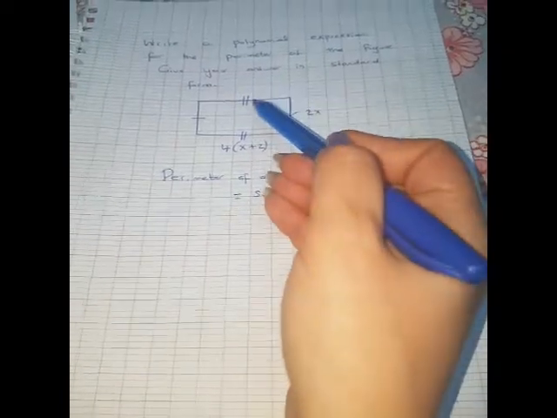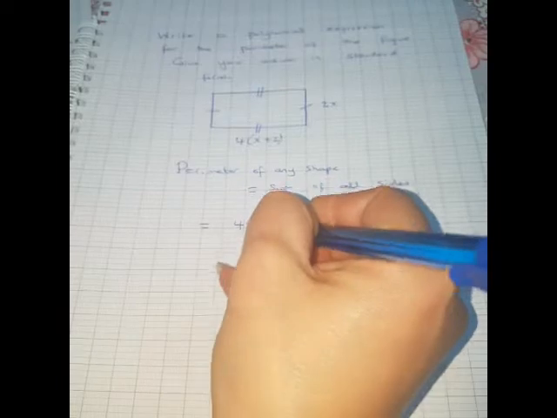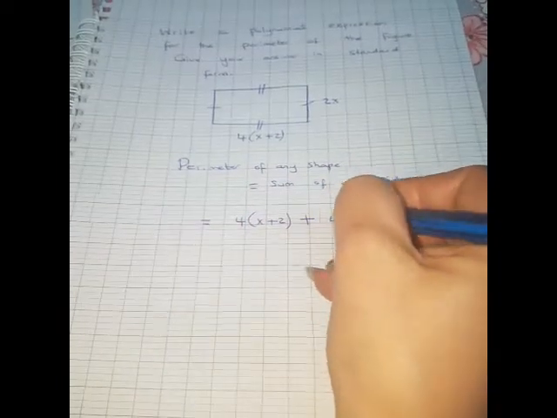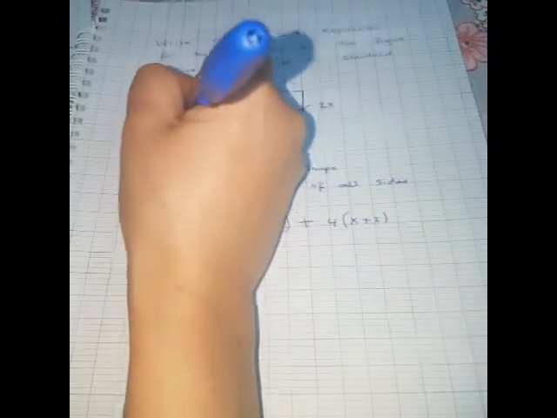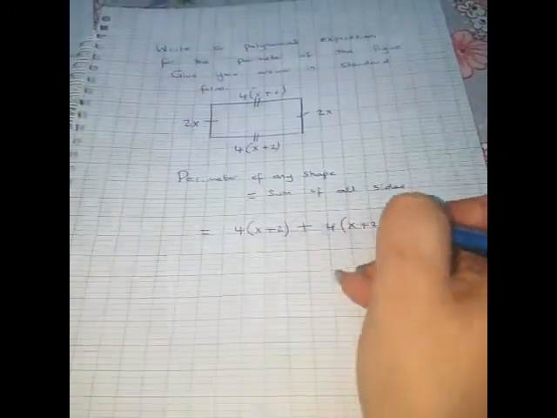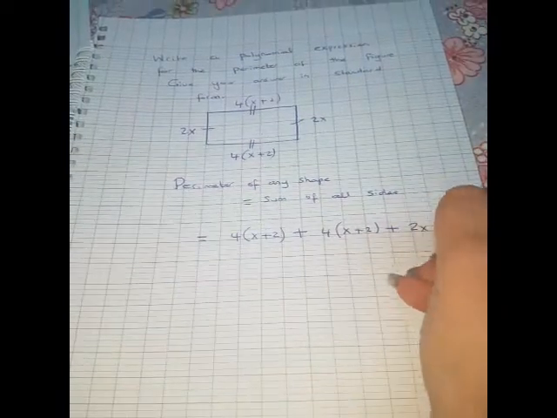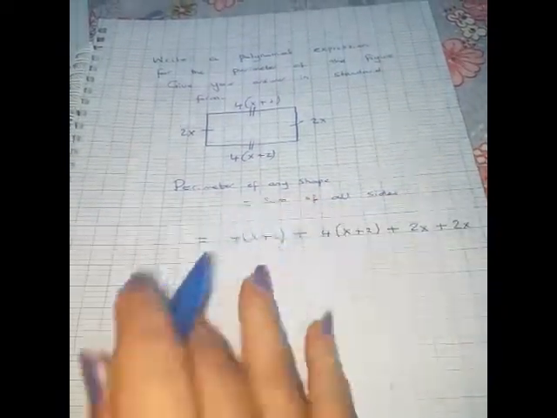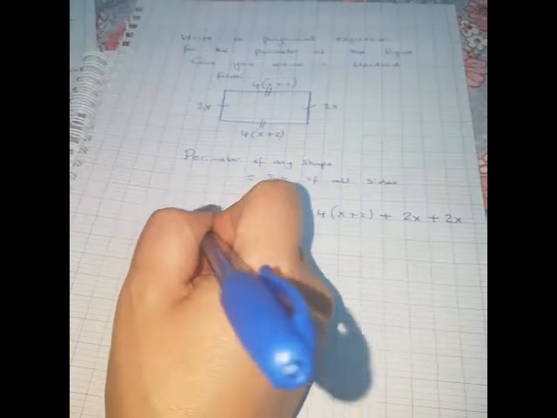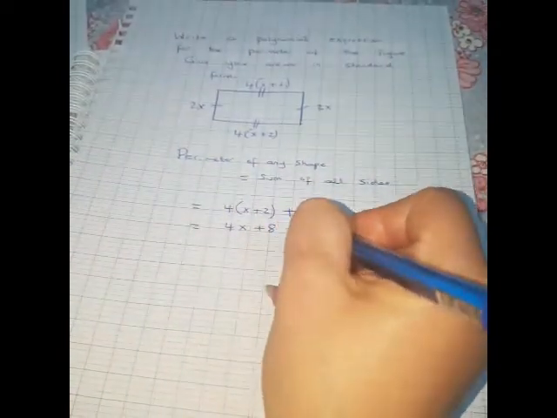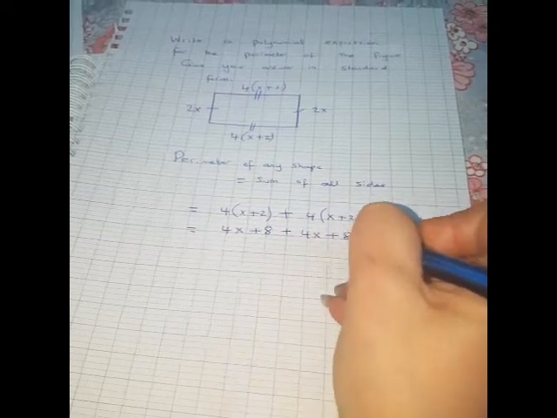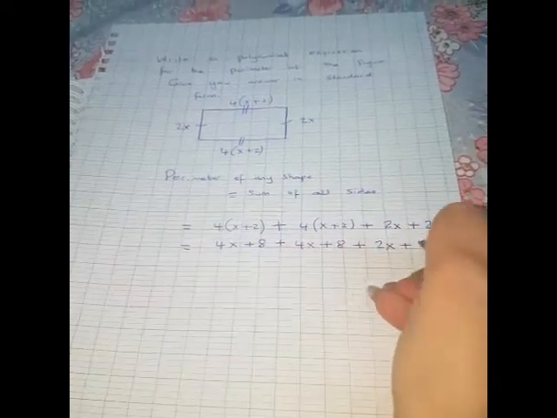This is parallel to this, so I have 4x plus 2 plus again 4x plus 2, and this is parallel to this, so this is a 2x plus 2x, and then I start distributing and then adding and subtracting. 4x plus 8 plus 4x plus 8 plus 2x plus 2x.